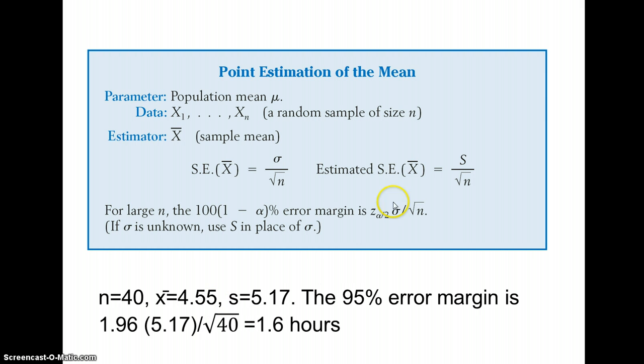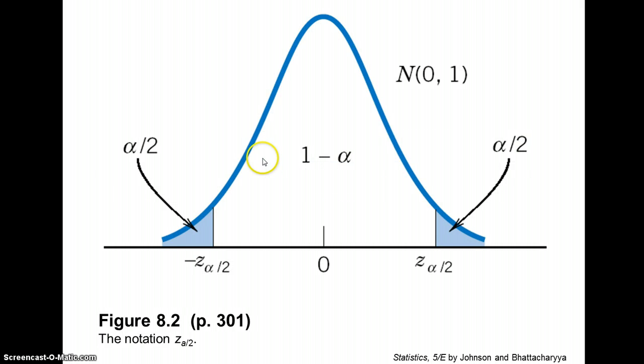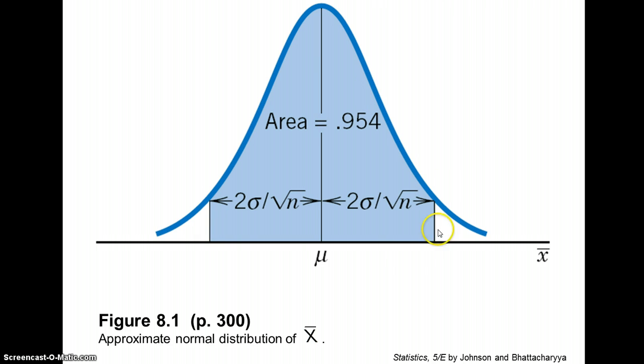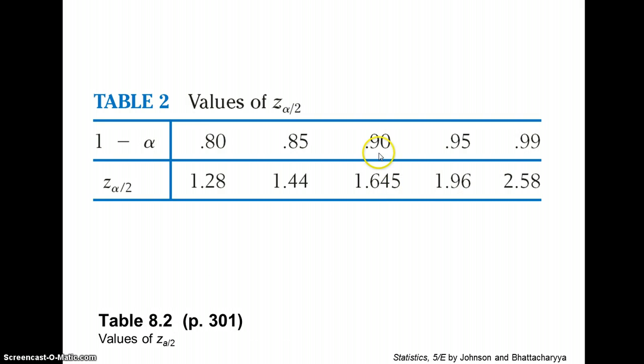We apply the formula, and we find it's 1.6. So when we use the formula, 95% error margin means the area under the curve is 0.95, which is approximately 2 standard deviations. And we can use this table right here, 95% sure. So for 0.95, the corresponding z-value is 1.96, almost 2 standard deviations.